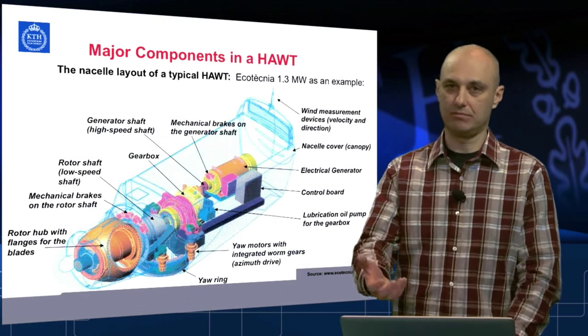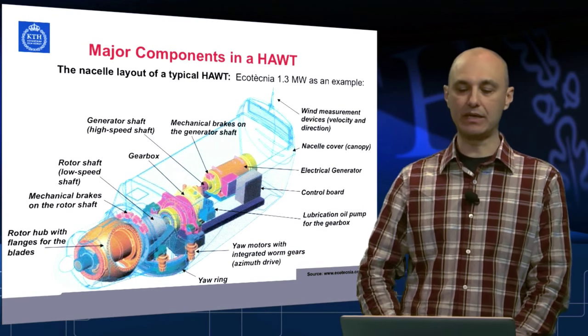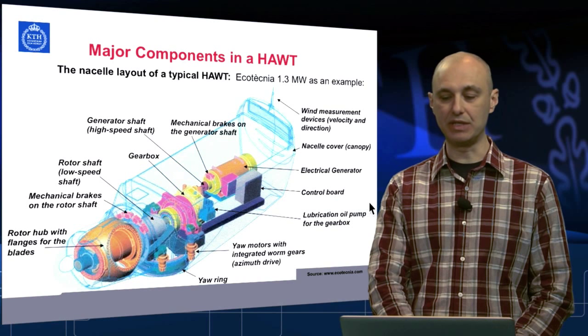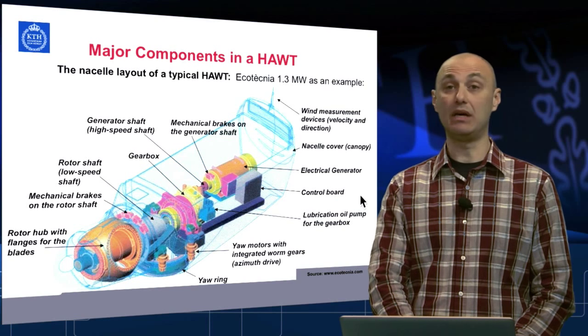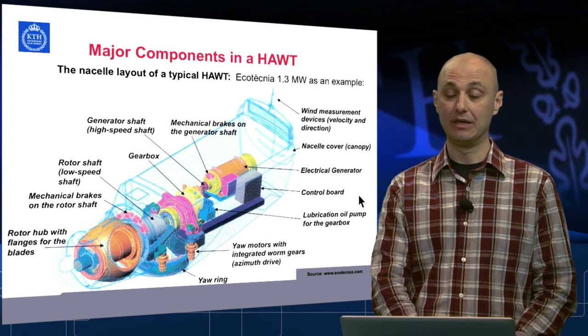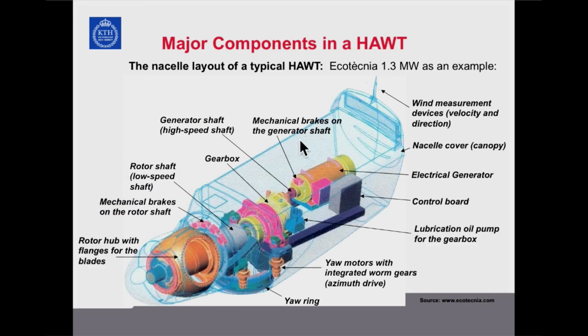This is how things really look like if we take an actual example. Even if this machine is a bit old, there are heaps of those still operating quite efficiently out there in the field. Maybe not the best example, but definitely one of the best pictures you can find, drawings out there in the available literature.